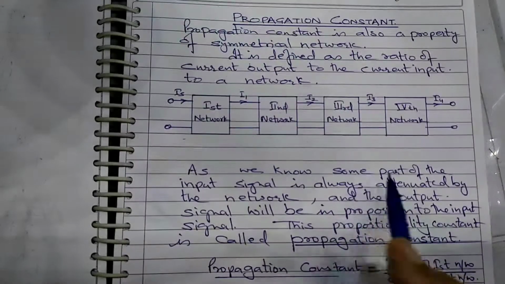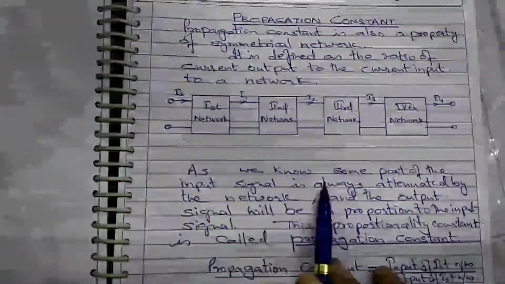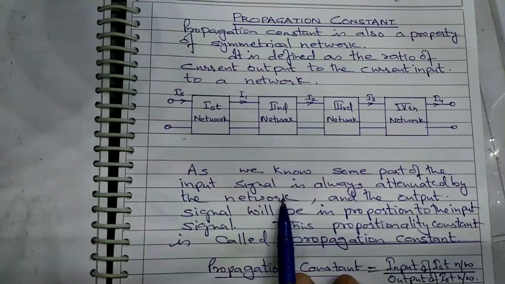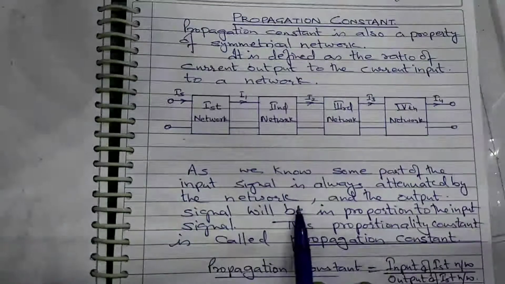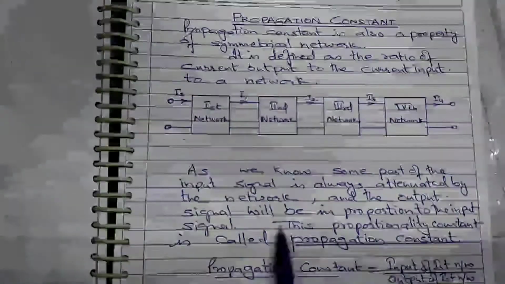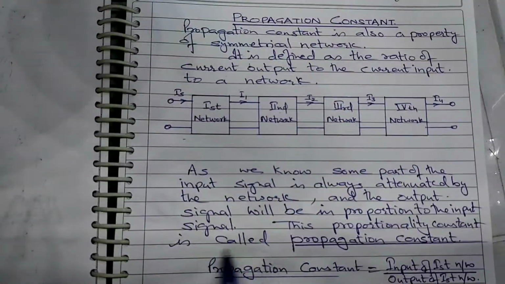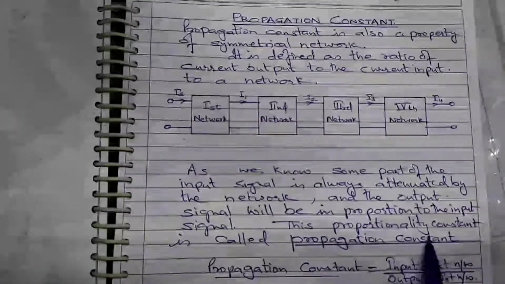Now, as we know, some part of the input signal is always attenuated by the network, and the output signal will be in proportion to the input signal. This proportionality constant is called propagation constant.